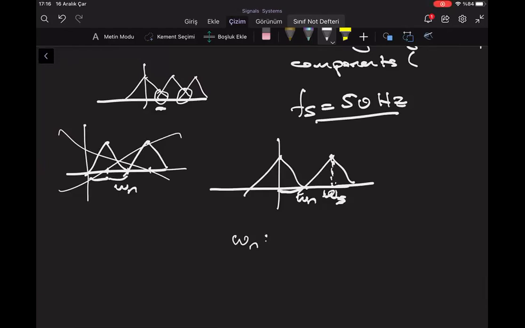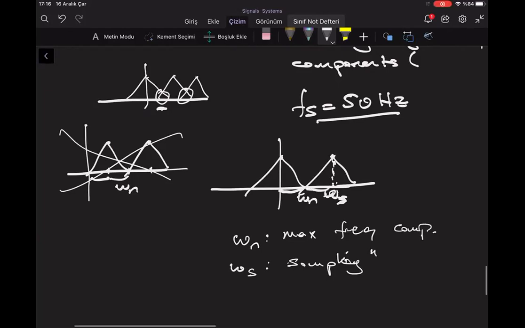It means the maximum frequency component. What is omega s? Sampling frequency. Do we understand? Sampling frequency should be at least 2 times omega n. Omega s should be at least 2 times omega n.